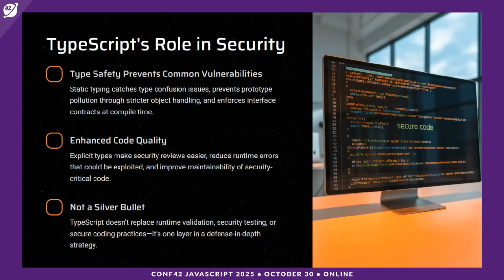So TypeScript's role in security. Type safety prevents common vulnerabilities, which means static typing catches type confusion issues, prevents prototype pollution through stricter object handling, and enforces interface contracts at compile time.